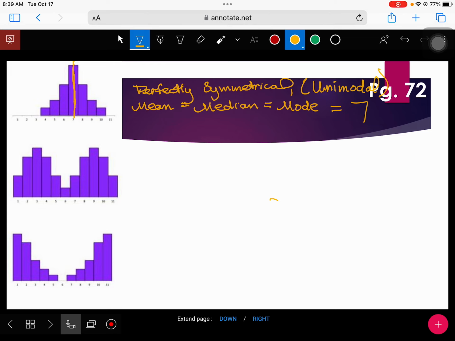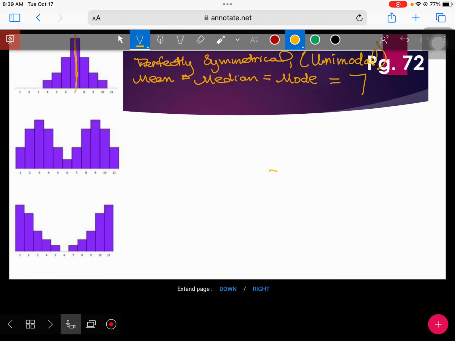I'm trying to think. Oh, you guys have something else at the top. I forgot. We'll come back to that in a minute. We'll talk about standard deviation in a minute. So I think that's pretty good. Any questions about that first one? Perfectly symmetrical, unimodal, the mean is equal to the median, which is equal to the mode.